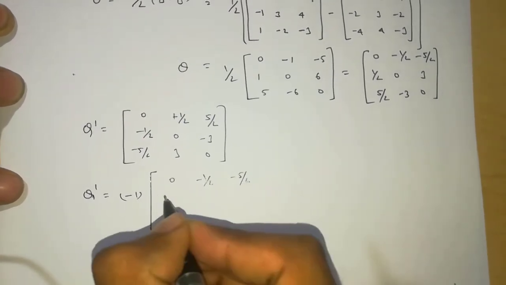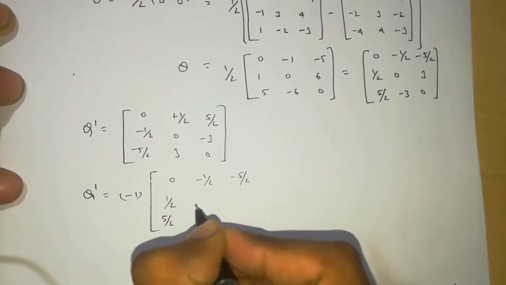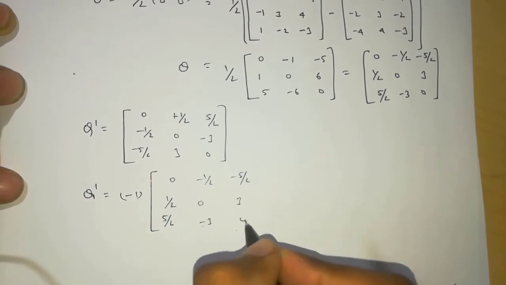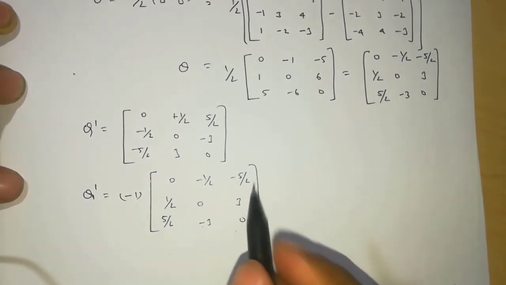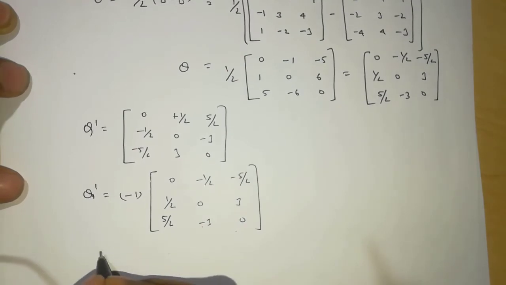So here 1 by 2 of 0, -1, -5, 1, 0, 6, 5, -6 and 0.